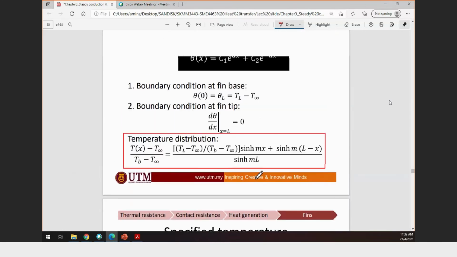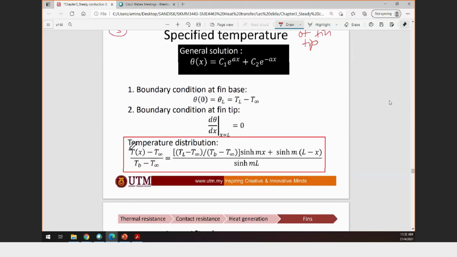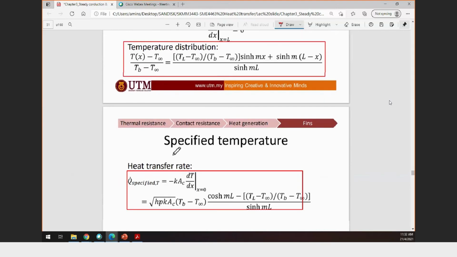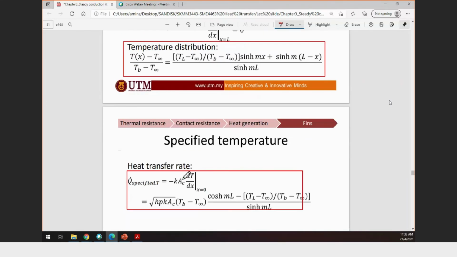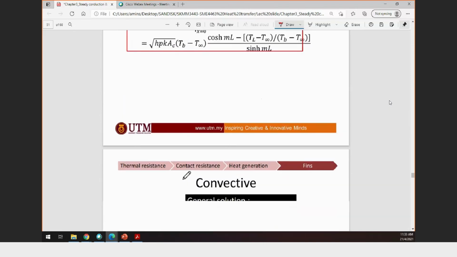So this is for the temperature distribution T(x), and another one is the heat transfer rate. In case 2 we have tanh, but in this case you have a longer equation of cosh and sinh functions. So this is the third case, and you can imagine what happens in the fourth case.